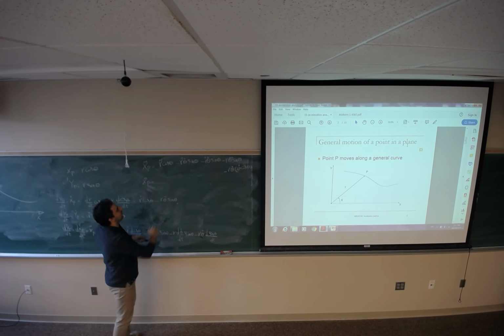Y double dot of the P, I should differentiate this with respect to time, something like this. I'm just writing the final results here. R double dot sine of theta minus, is it minus? Plus.